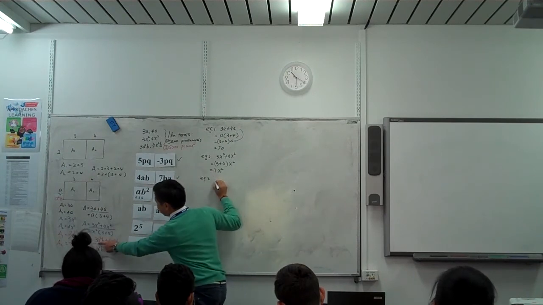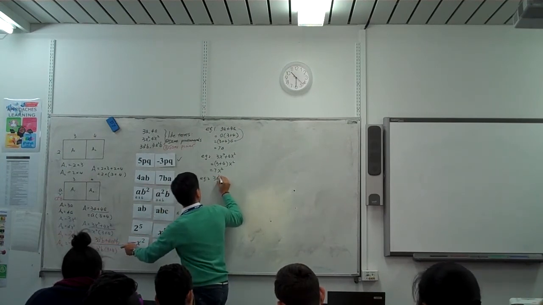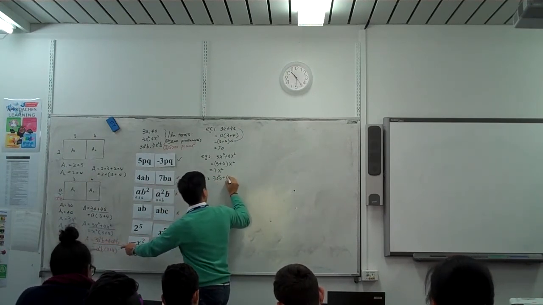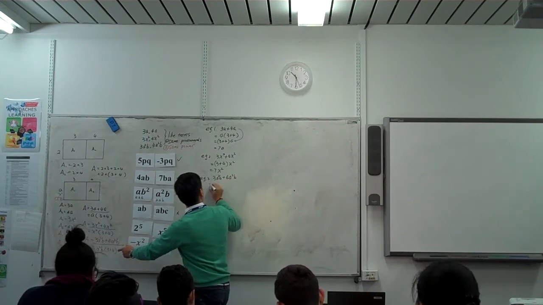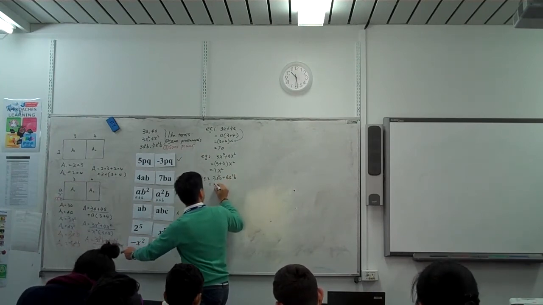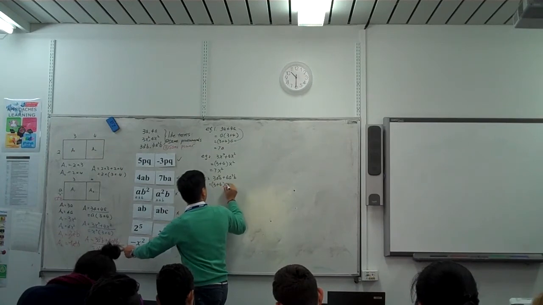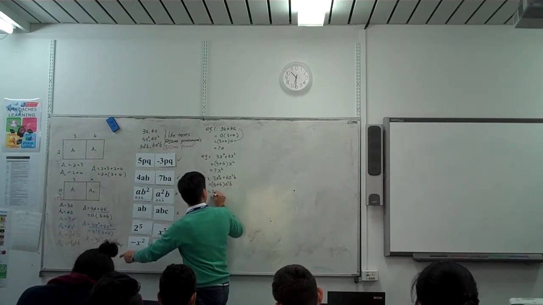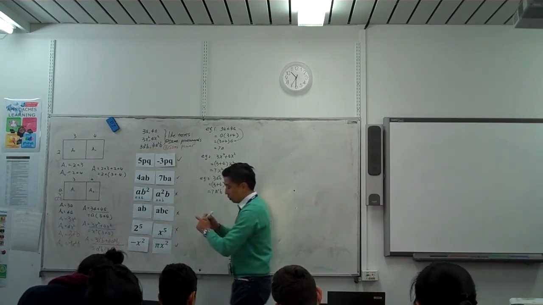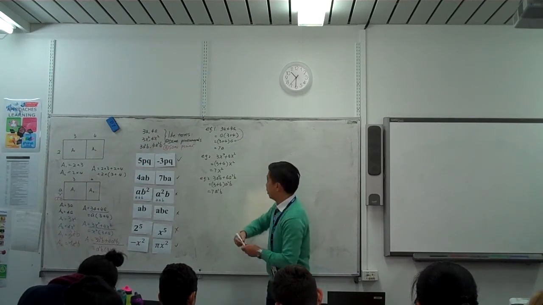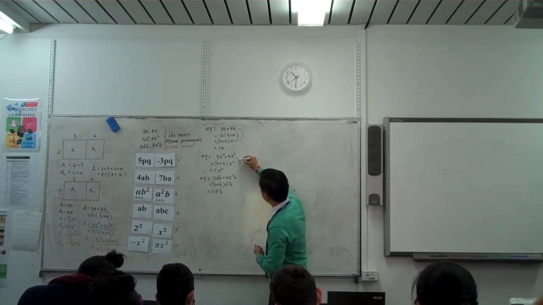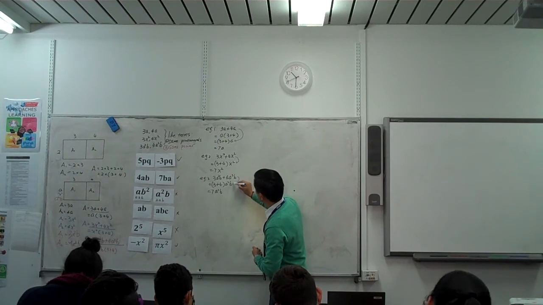So you've got 3a squared b plus 4a squared b equals 3 plus 4 lots of a squared b. So that is 7a squared b. Now, we want you to tell me, how can you collect like terms from this step to this step?